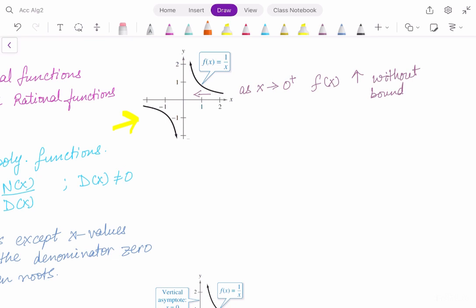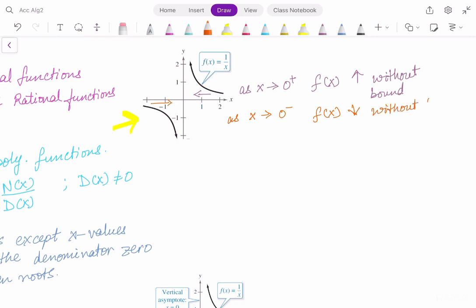So the height will be increasing as we approach 0 from the positive side. As we approach 0 on the x-axis from the negative side, f(x) tends to decline without bound.